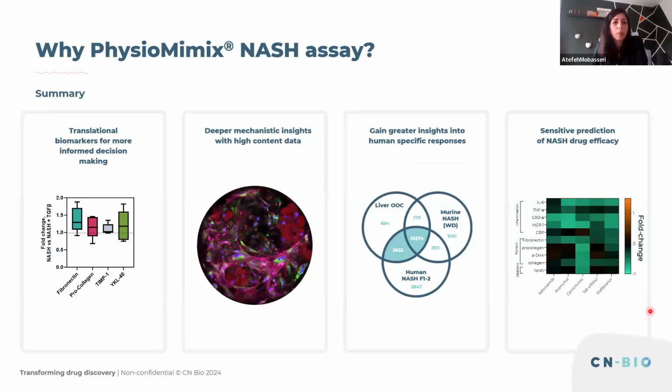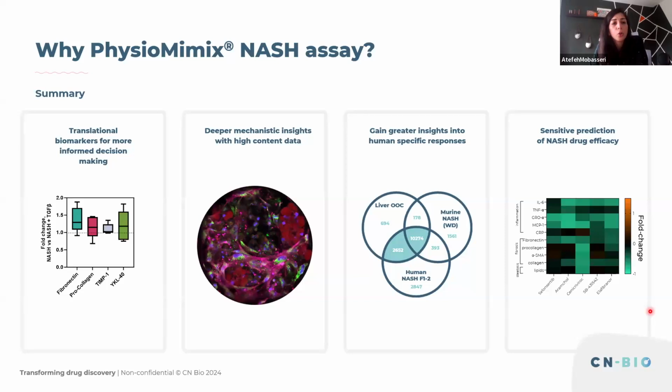So to summarize, for the NASH assay we can create a model using organoid technology that provides us a better understanding of the disease. We can look at the translational biomarkers.